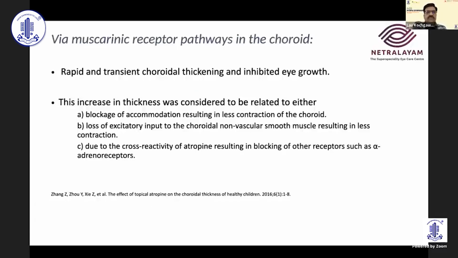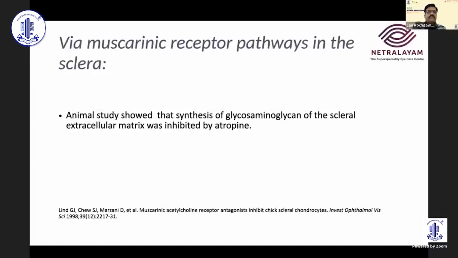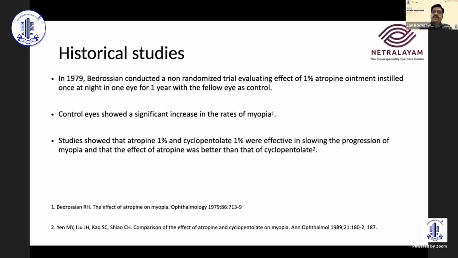And animal studies showed that synthesis of glycosaminoglycan of the scleral extracellular matrix is inhibited by atropine. So these are some of the theories.